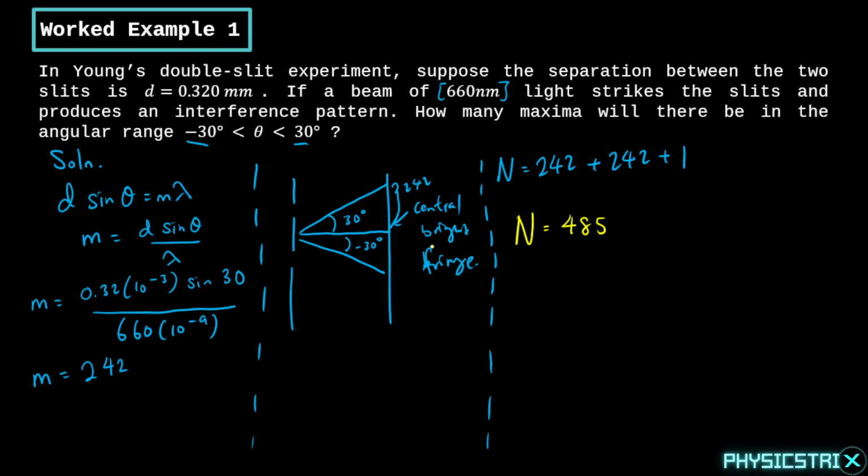Okay, so the first 242 is from 0 to 30 degrees. The second one comes from 0 to negative 30 degrees, and then the 1 comes from the central bright fringe. Okay, so that is your worked example.